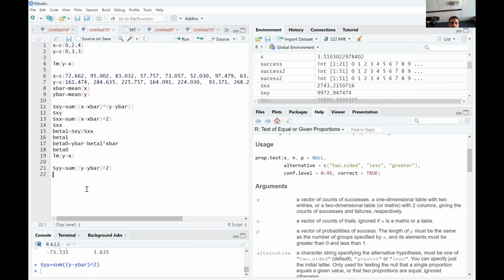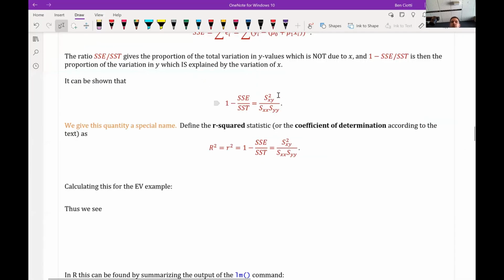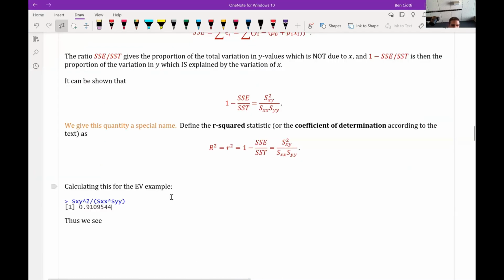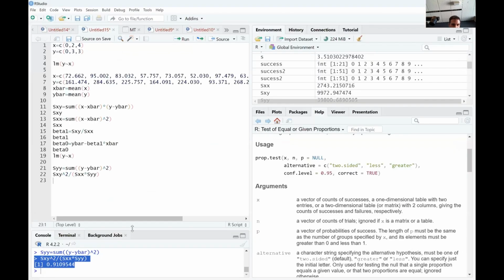And then I can use either the formula on the left side or the right side of this equation. I'll just use the right side. I think that's a bit easier. So using this expression for the R-squared statistic, let's see what we get. S sub xy squared divided by S sub xx times S sub yy. Okay, so we get out 0.911. Oh, and I need this one.